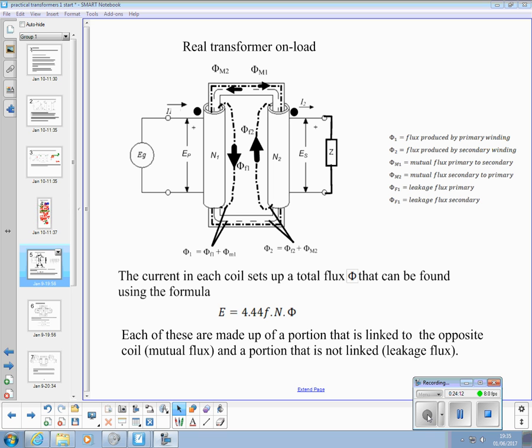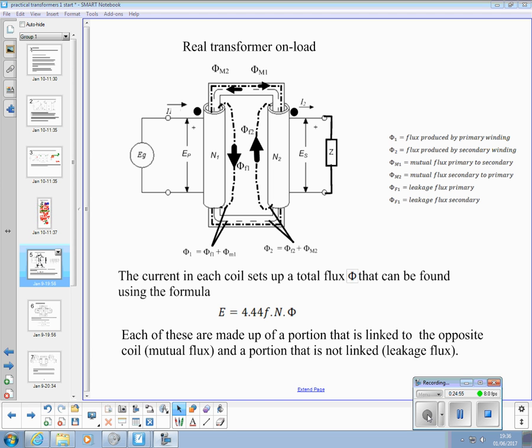So we've looked at the situation when the transformer's off load, right? Now, when we connect a load to the secondary and a current flows in the secondary coil, because we've mutually induced a voltage across the secondary, we then get a whole different situation. We've got a flux set up in the primary coil, and that induces a flux in the secondary coil, and they're all interacting with each other.